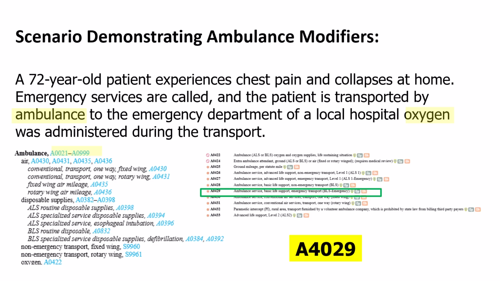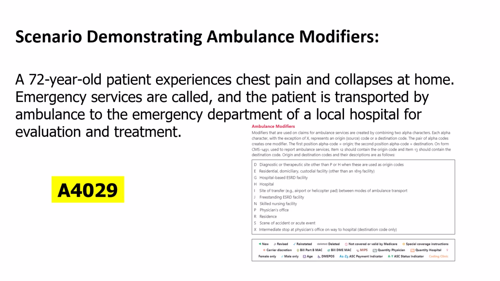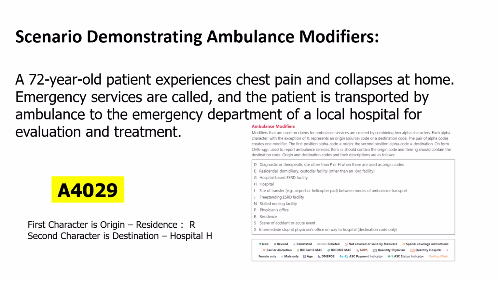Remember, the first character is the origin, the second is the destination. All right? So if we're looking at our list, our origin is what? Well, the patient collapsed at home. The second character is our destination. Where did they take the patient?